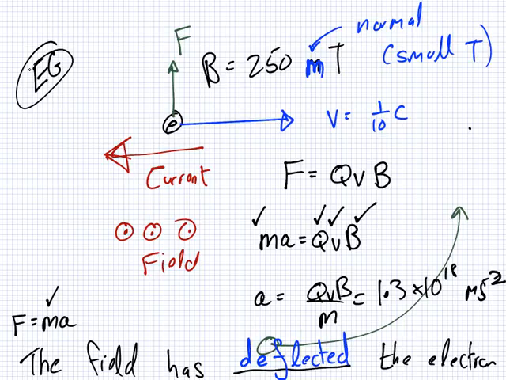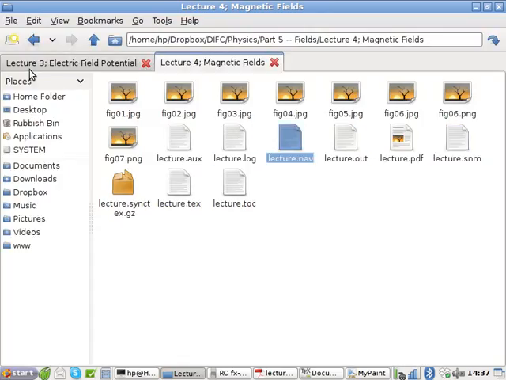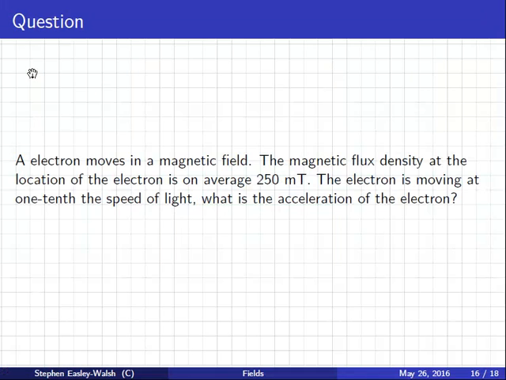I just want to make one small change here to something when you're ready. Let me just check one thing here. So let's have a look at the questions.